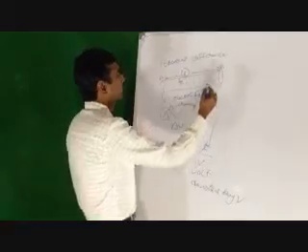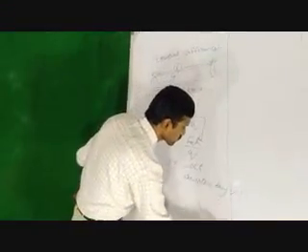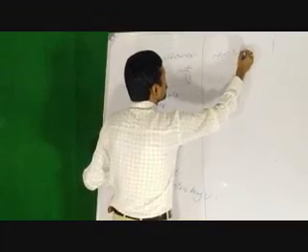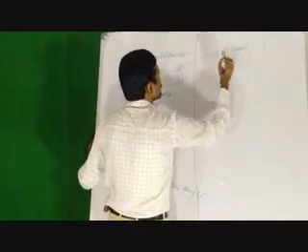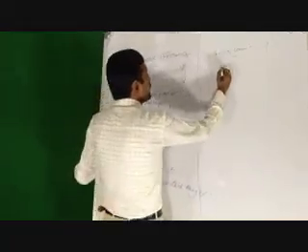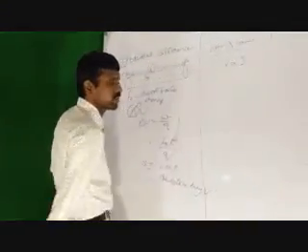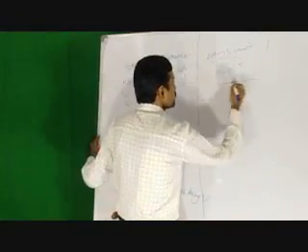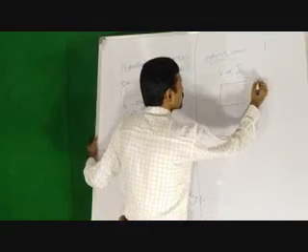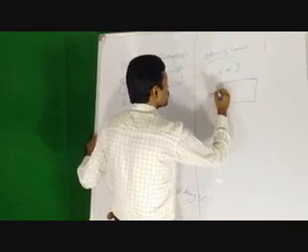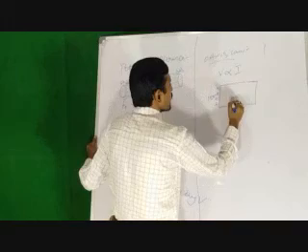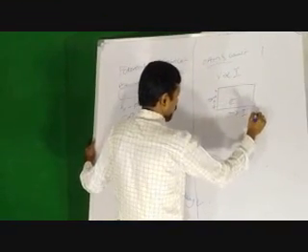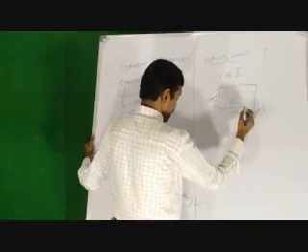Next, coming to the next topic, Ohm's law. What is meant by Ohm's law? V is directly proportional to I. For example, this is 10 volts, so the current is 1 ampere.